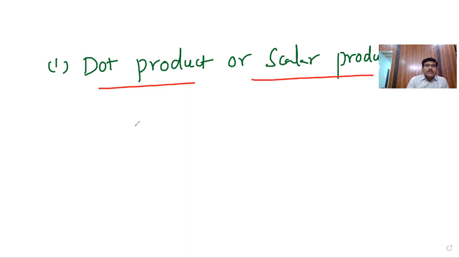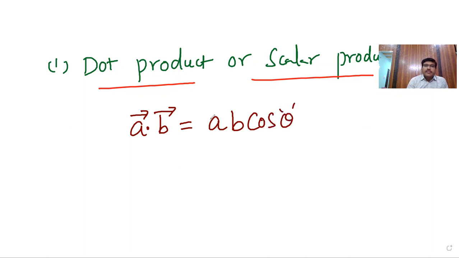Suppose two vectors a bar dot b bar. The dot product is defined as magnitude of a bar into magnitude of b bar into cos of the angle between them.